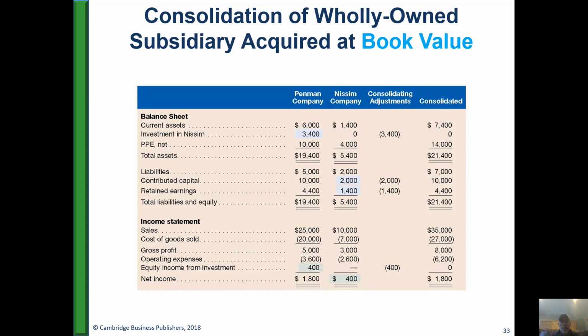As we move from top to bottom, you see the investment in Nissim shows up on the consolidated balance sheet as a zero because we have added all of the current assets of both Penman and Nissim, and we've added all of the current liabilities in both Penman and Nissim to get down to consolidated total liabilities and equities of $21,400. Now when you look at the income statement, you're going to consolidate all the sales, you're going to consolidate all the expenses, and then you'll have the net income at the very bottom of the sheet.